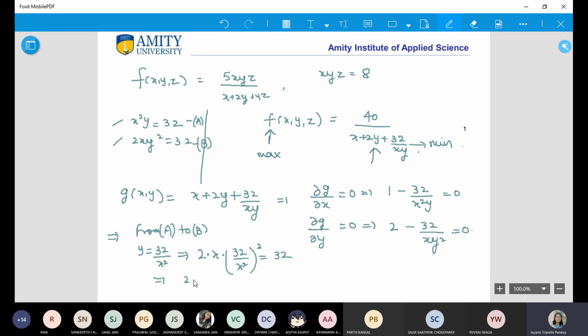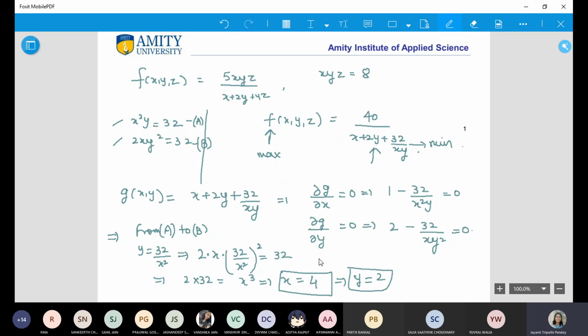This means 2 into 32 is x to the power 3. Is this okay? So x is 4, since x cube is 64. If x is 4, that means y is 32 by 16, that is 2.